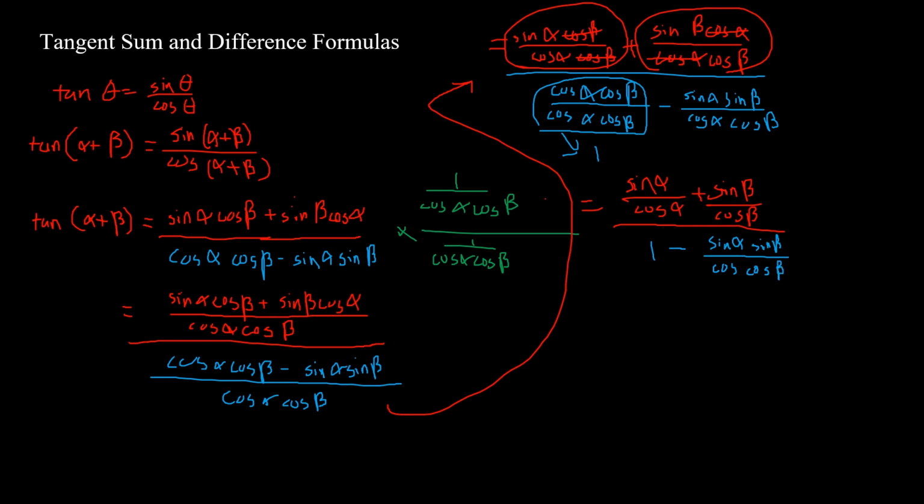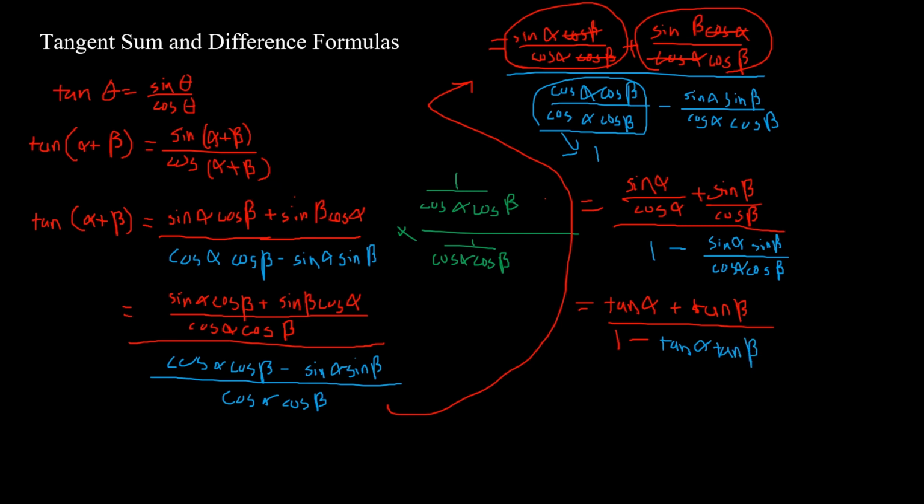So if you notice, this is the sine of theta over cosine of theta, but just with alpha and beta instead. So we can actually just rewrite all of these terms as tangent alpha plus tangent beta all over 1 minus, well, looks like I forgot the alpha over here, tangent alpha tangent beta.